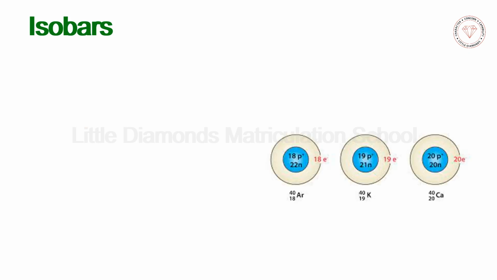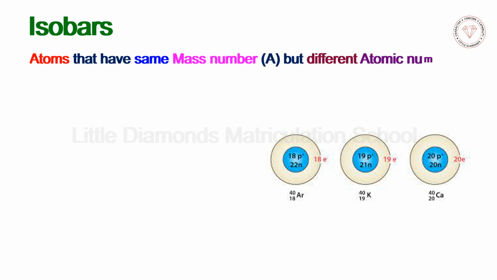We saw that isotopes have same atomic number but different atomic mass or mass number. Now we will learn about the isobars which have same mass number but different atomic number. Isobars. Atoms that have same mass number but different atomic number are called isobars.